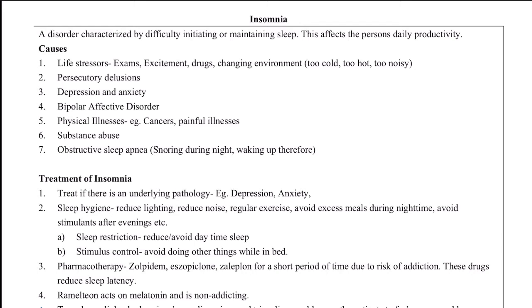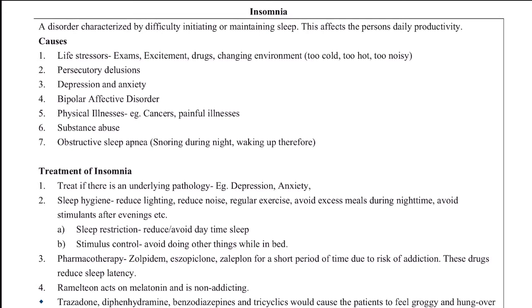Now, what is insomnia? This is a disorder characterized by difficulty initiating or maintaining sleep. And this affects a person's daily productivity. If you haven't slept, it's hard for you to be productive. Causes include life stresses such as exams, excitement, drugs, changing environments, then anxiety, depression, bipolar disorders, physical illnesses, which make it hard for you to fall asleep due to pain, obstructive sleep apnea, and substance abuse.